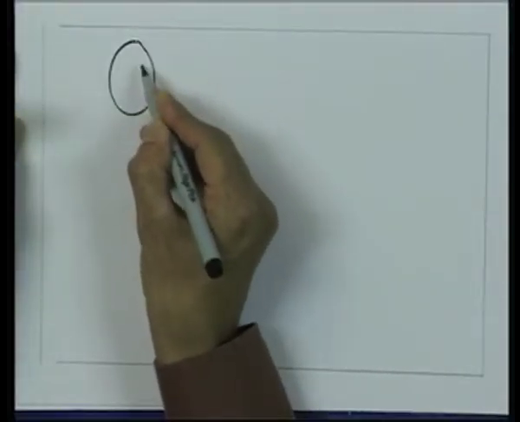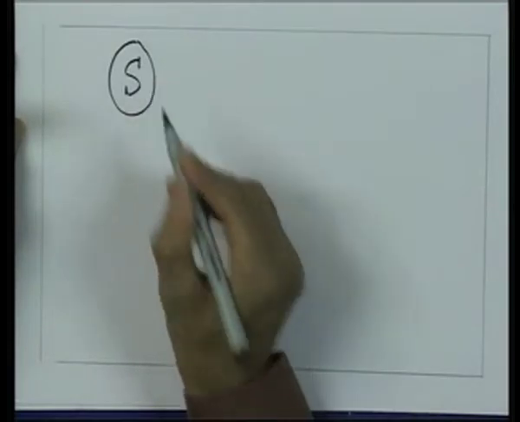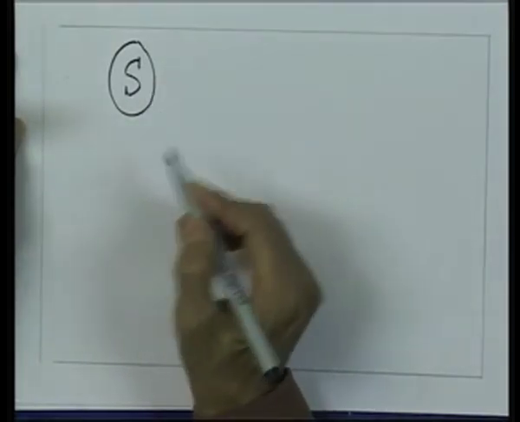Now, all this time we have been looking at a source which emits symbols individually. So, what I mean by that, if I have a source S, then this source S emits symbols.